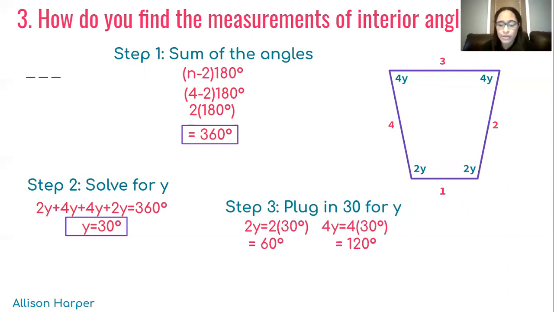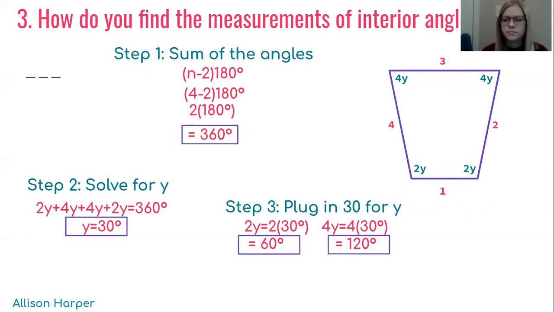And so 2y, which now equals 2 times 30, is 60 degrees. And then 4y, which equals 4 times 30 degrees, is 120 degrees. So our 2y angles are equal to 60 degrees, and our 4y angles are equal to 120 degrees.